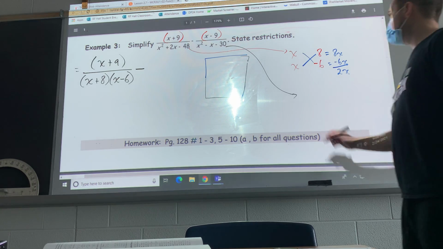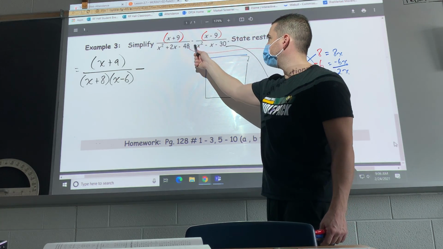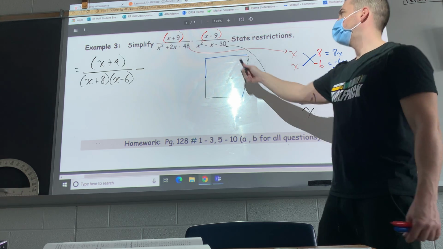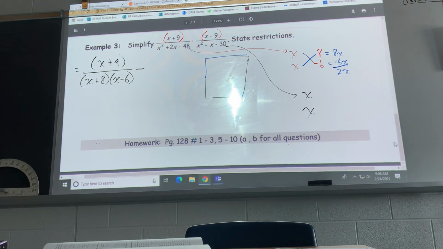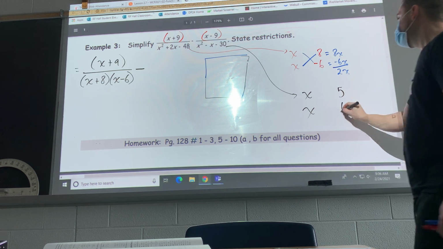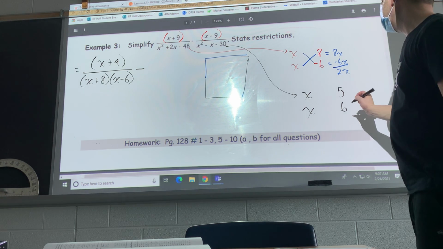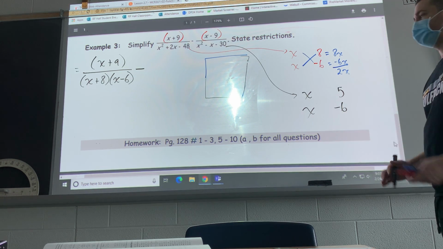Okay, the denominator now, then the second fraction, again, the x squared breaks into x and x. Two numbers that multiply to 30, remember? 5 and 6. Okay, but it's a negative 30, so one of them has to be negative. Which one will it be? The negative 6.